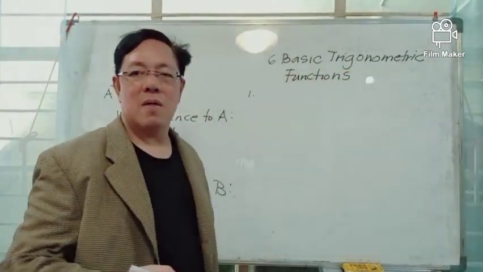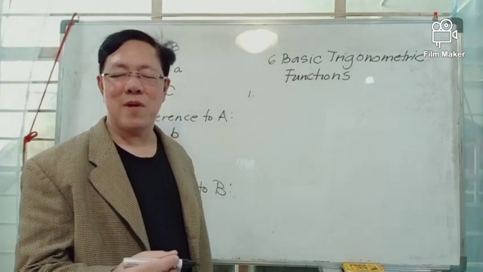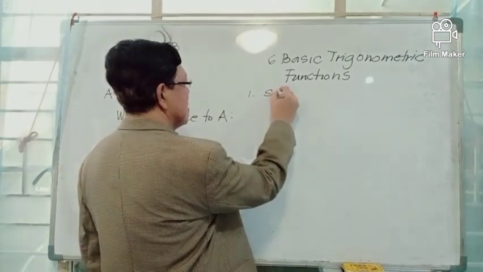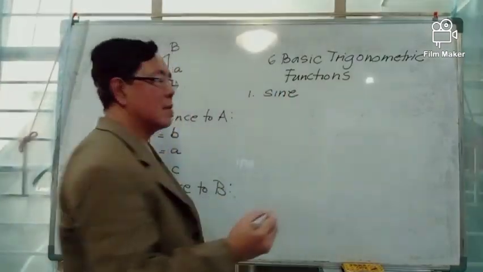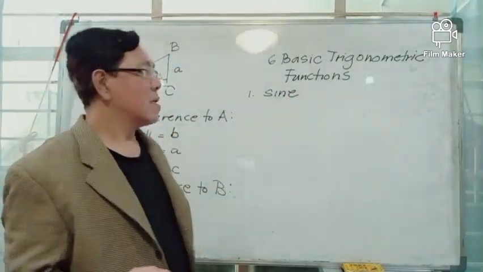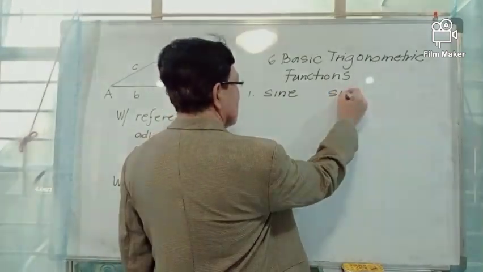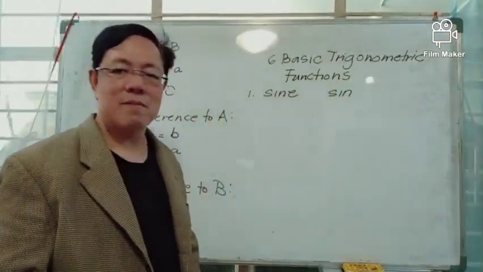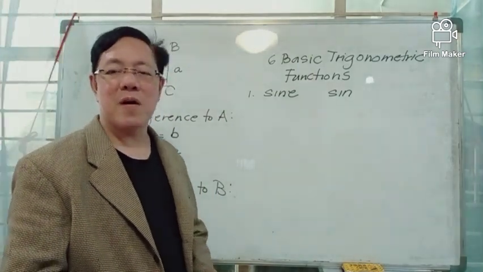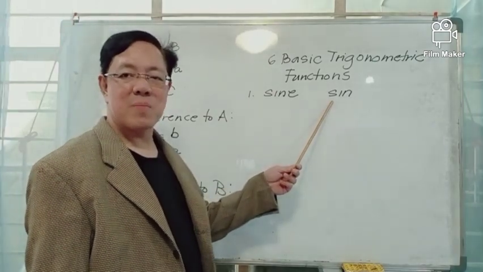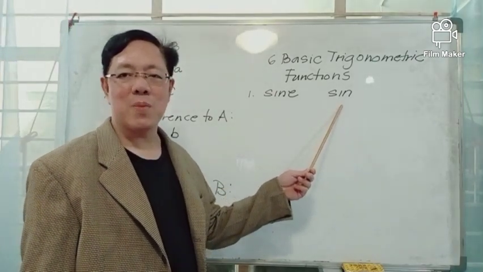The first of the 6 basic trigonometric functions is the sine function. Sine. If you simply write sin, you have to specify the angle, because simply writing it this way has no meaning.